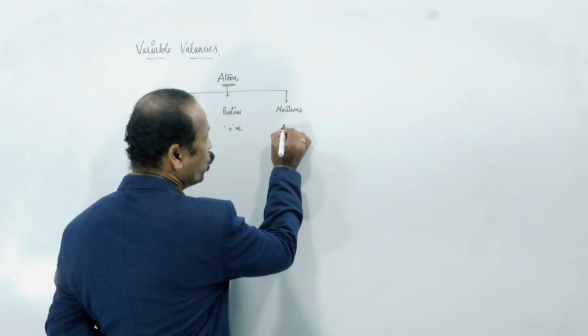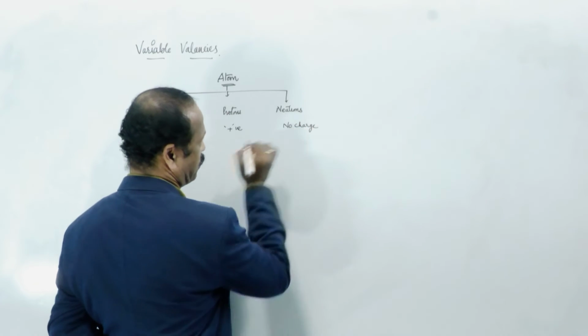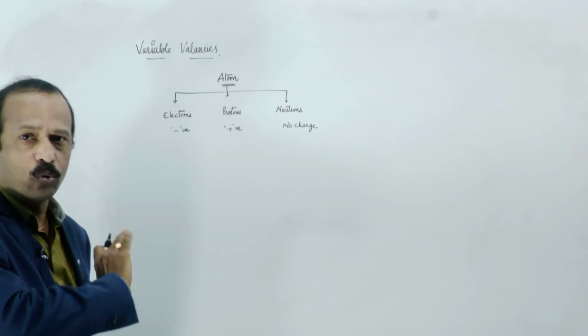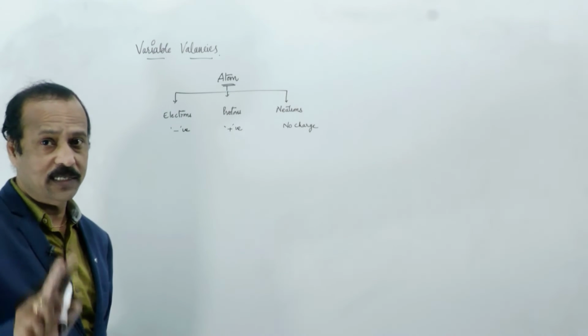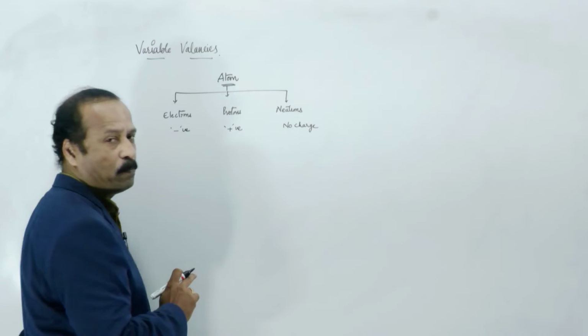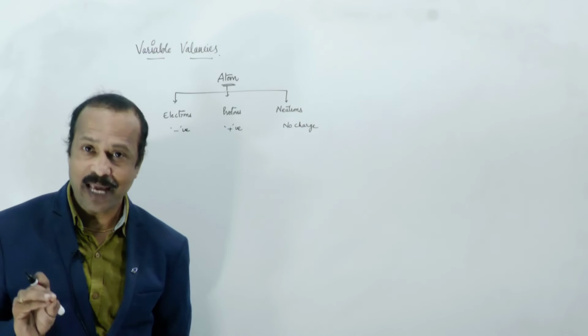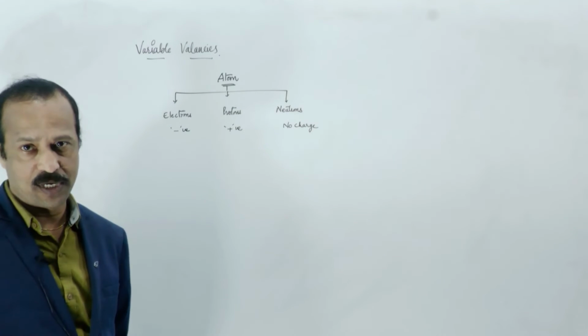Neutrons have no charge, 0. So what are the charged particles here? 2 particles: electrons and protons. Electrons carry the negative charge, protons carry the positive charge.